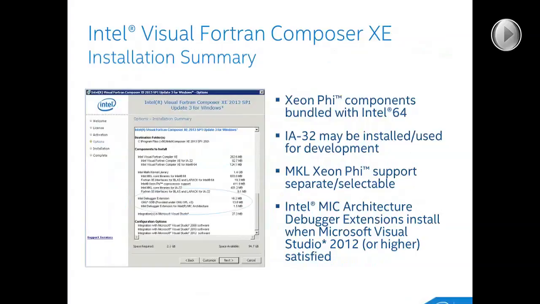Now, the MKL Xeon Phi support, if you're interested, does have a separate selectable ability to install or not install the Xeon Phi specific support. And then, as I've highlighted on this installation summary screen, when you do meet the minimum requirement of Visual Studio for the Intel MIC architecture debug extensions, those will be installed, and you get an indication that those are being installed.